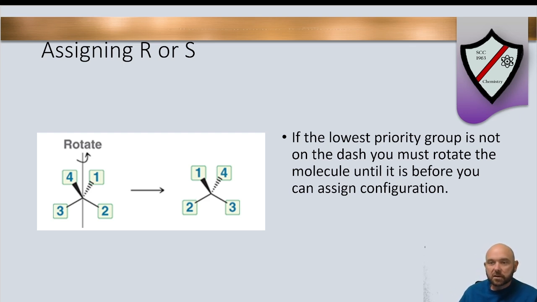If the 4 is not on a dash, if it's on a wedge or on a line, you might get the wrong R or S configuration, and you won't as long as the 4 is always on a dash. So you have to rearrange that molecule spatially in order to determine its configuration. Luckily, there is a shortcut given to us here in our text, and I'll talk about that on the next slide.